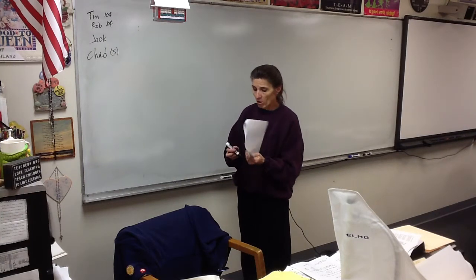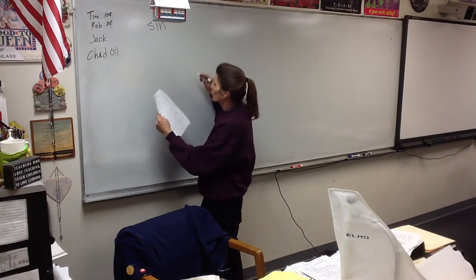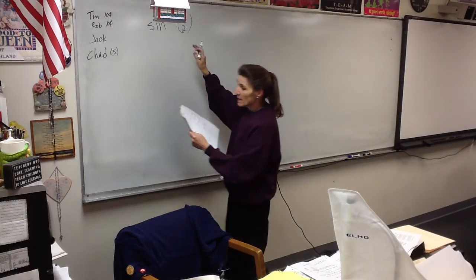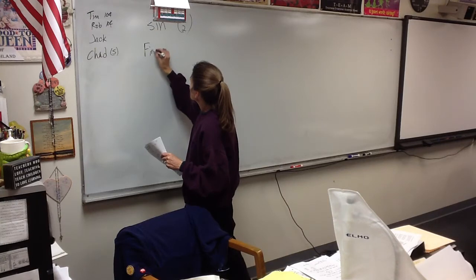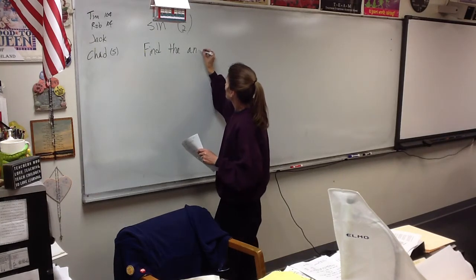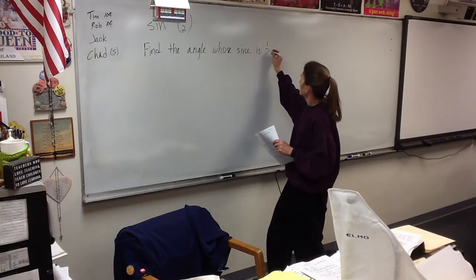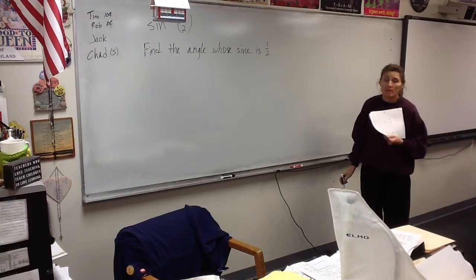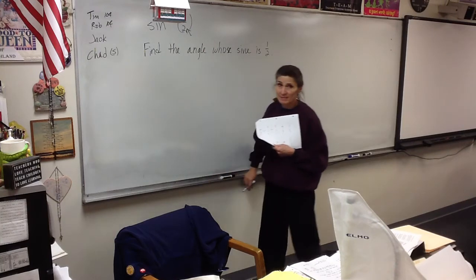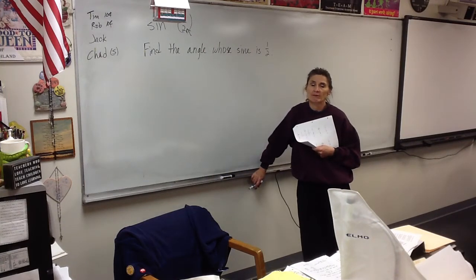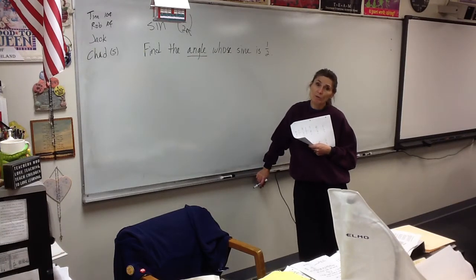Now, first of all, this notation, I'm looking at the first problem. This notation literally says to me, find the angle whose sine is 1/2. Now, the first rule is, if the number in the problem is positive, I want you to look for the angle always in quadrant 1.